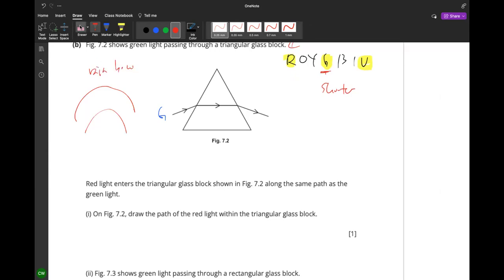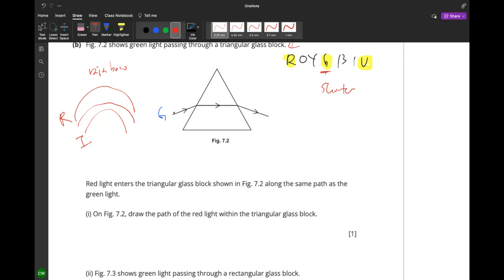So you just need to know who is above. What color is on the top? Which color do we see first? The top layer is what color? Red or blue? Indigo. It's the red one, right? The last one is the indigo, right? So the green is in between, right?